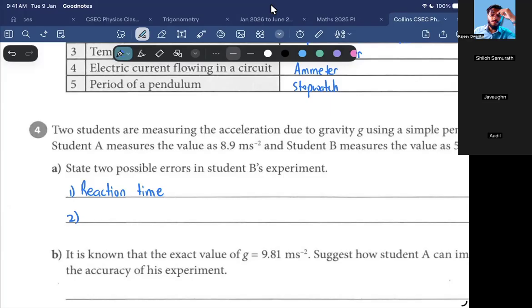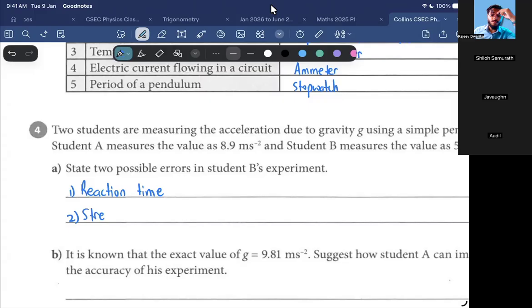So if you use a stretchy string, something elastic, would the length remain the same everywhere, or would the length change at different points? Yeah, so a possible error is that they probably used a stretchy string.